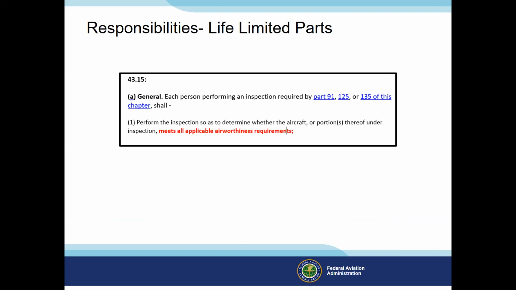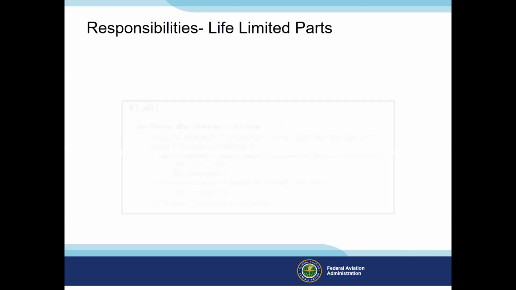But here's just a reminder: the inspection performance rule says that each person performing an inspection shall perform the inspection so as to determine the aircraft or portions thereof meet all the applicable airworthiness requirements. And of course, that would include life-limited parts.